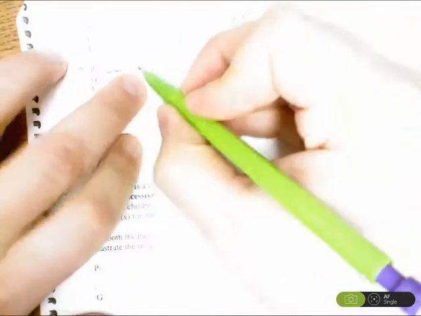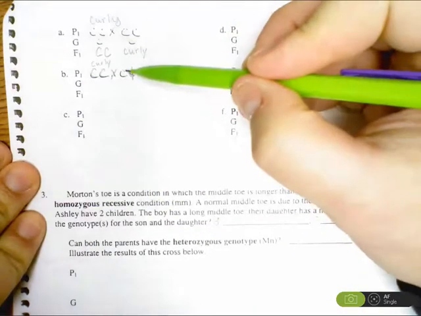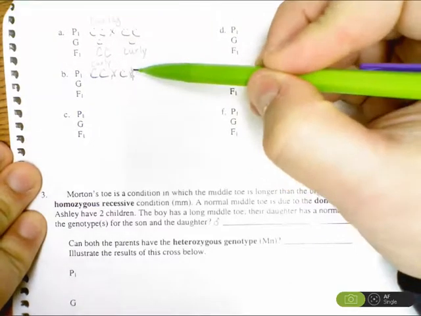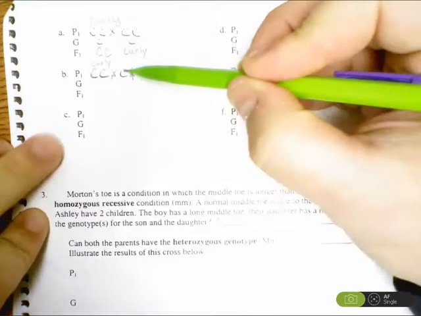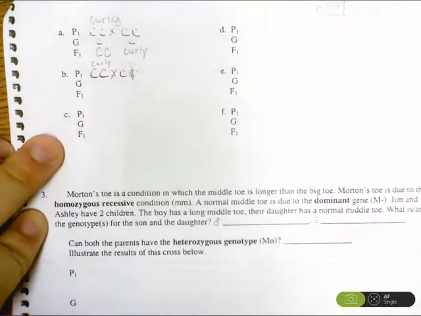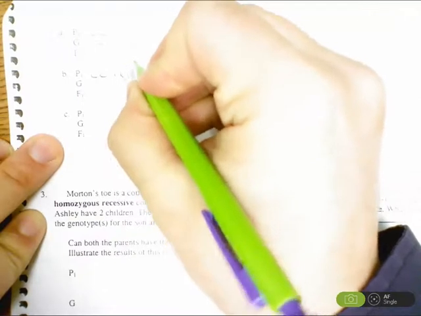Even though we end up with a situation where we have an uppercase C in the parent and a lowercase c, one's not dominant over the other. So you get a mixing of the two traits. So instead of having curly hair, this parent has wavy hair, somewhere in between straight hair and curly hair. One is not dominant over the other one. So we end up with wavy hair.